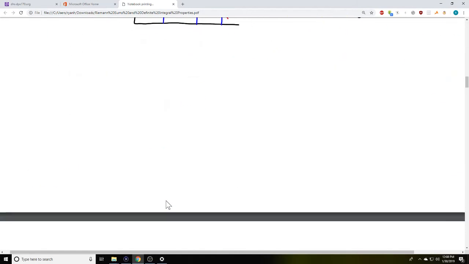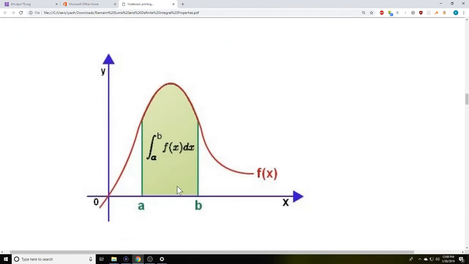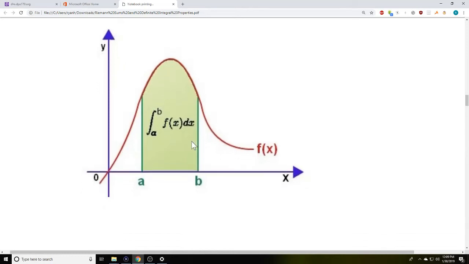Those are our bounds of integration. And then this part, the actual function, this is called the integrand. Just like underneath the radical, which is our square root symbol, the thing underneath the radical is called the radicand. So the thing inside an integral is called an integrand. And usually it's just going to be our function, f of x, to say that we're finding the area underneath the curve of this function.